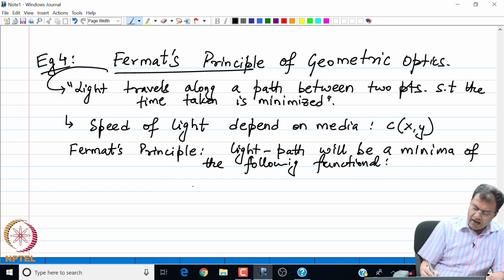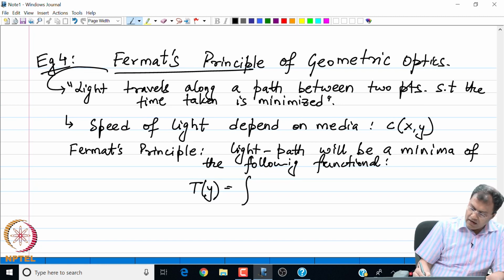So, the functional that we have is the time functional. The time functional is the integral of the arc length, or the length of the path travelled by the light, divided by the speed of the light, which is the time. So, the integrand of this integral is nothing but the total time taken by the light to travel from point x0 to x1.